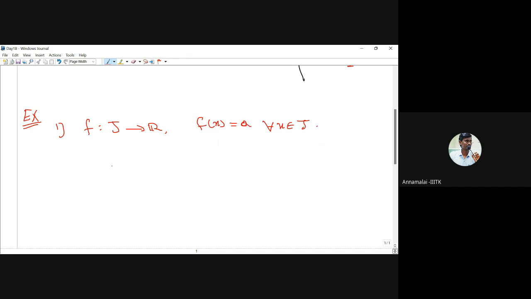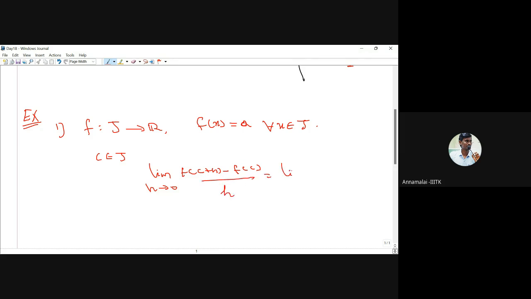Why? So we have to find f of c plus h. If we fix some point c in J, we are checking whether the function is differentiable at c or not. So we have to check whether the limit as h goes to 0 of f of c plus h minus f of c, divided by h, exists or not.